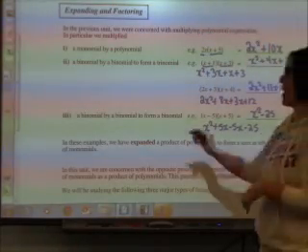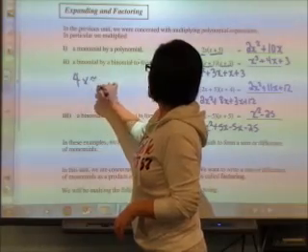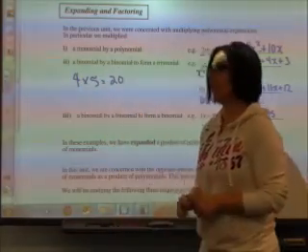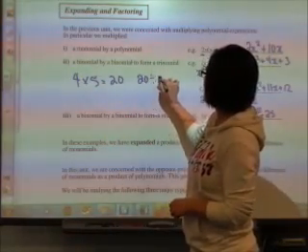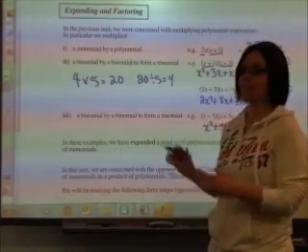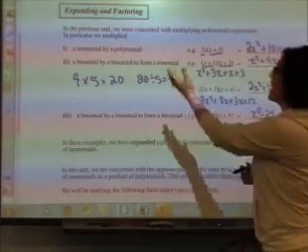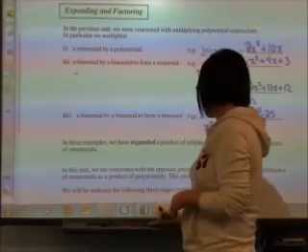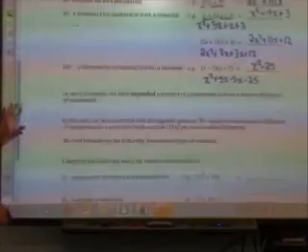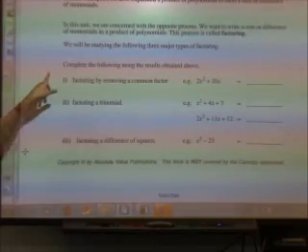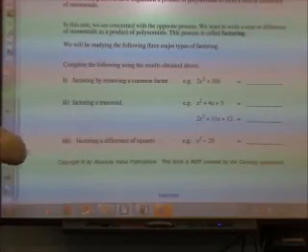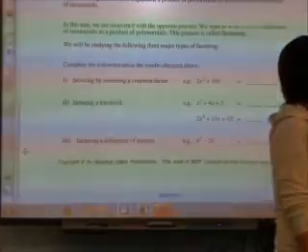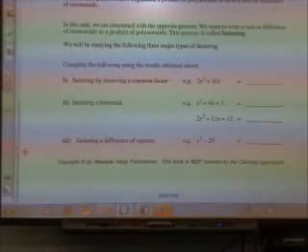So just like if I went 4 times 5 equals 20, we would do multiplication. If I go 20 divided by 5, now we have division. They're inverse operations. Expanding and factoring are like inverse operations. Okay, so if we work backwards from above, we have 2x squared plus 10x.